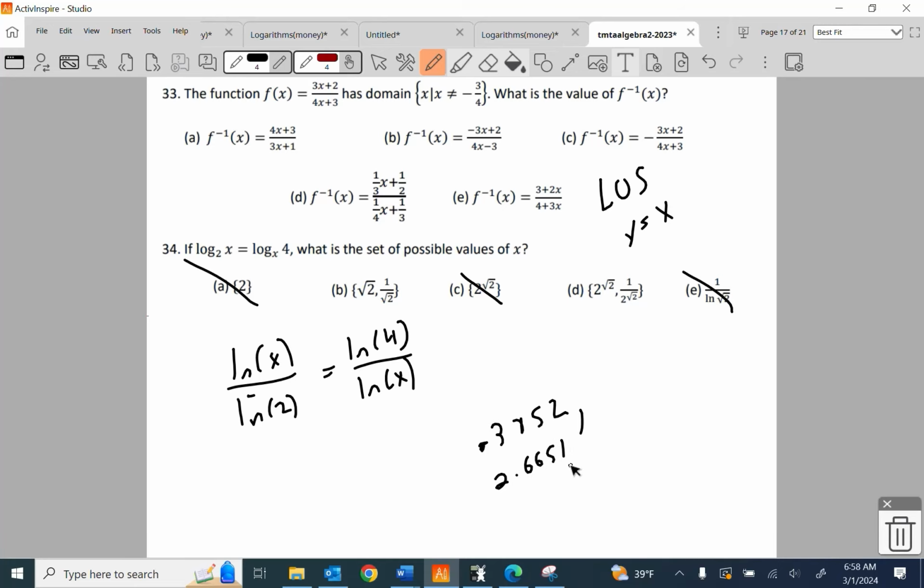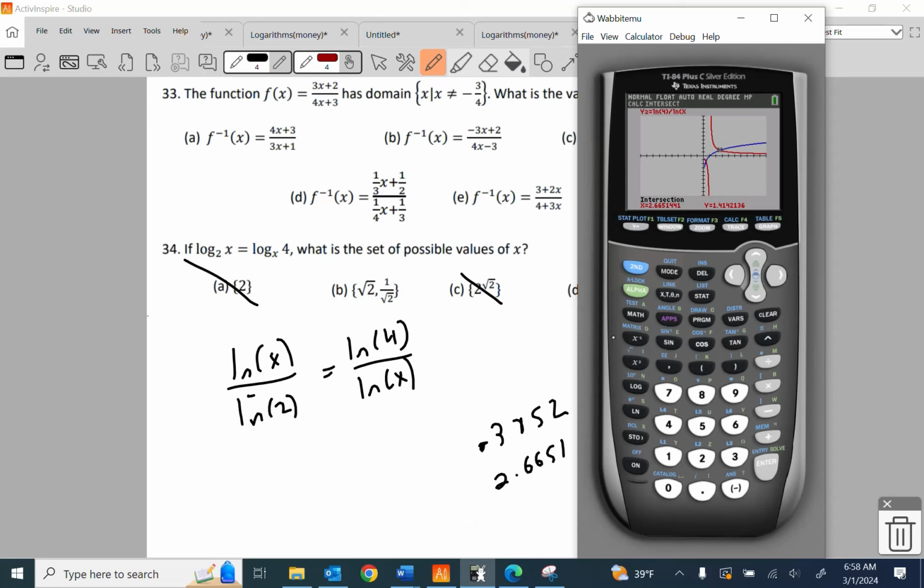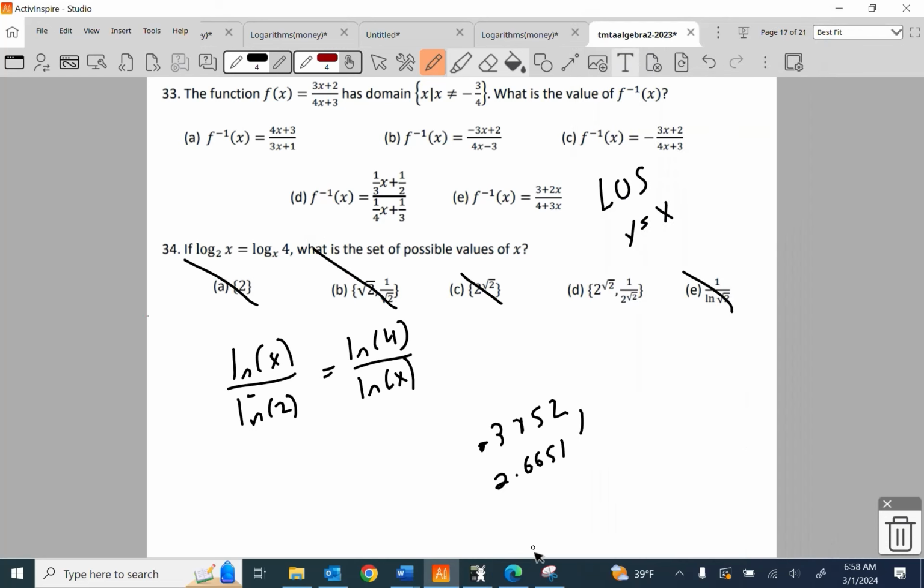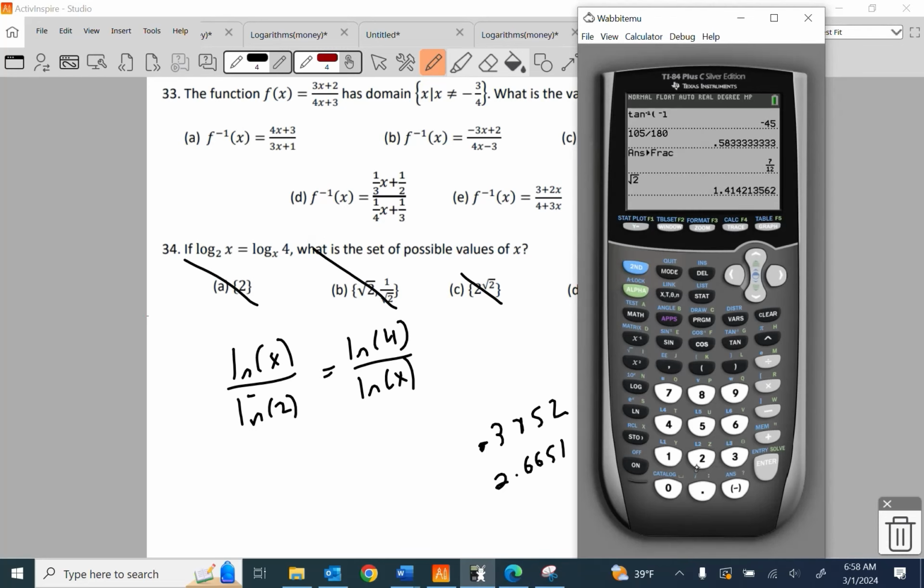So let's see which ones these are. I can tell you it's not the first one. I've typed root 2 so many times in the calculator in my life, I know it's not root 2. It's not that one. By elimination, it's going to be D. D is 2 raised to the root 2.